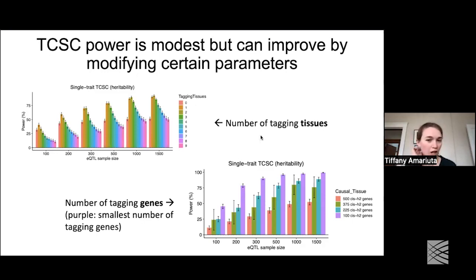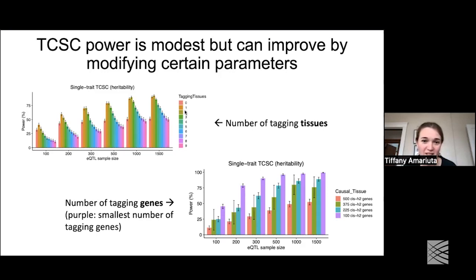The two parameter settings that I want to highlight here, of which there are many parameters to play with and that can be checked out in our preprint, but essentially the number of tagging tissues has a large effect on power. For the most part, adding tagging tissues makes it more difficult to distinguish which is the causal tissue, and that's because they all have this really high amount of co-regulation modeled off of empirical results from GTEx. So this is not surprising, right?